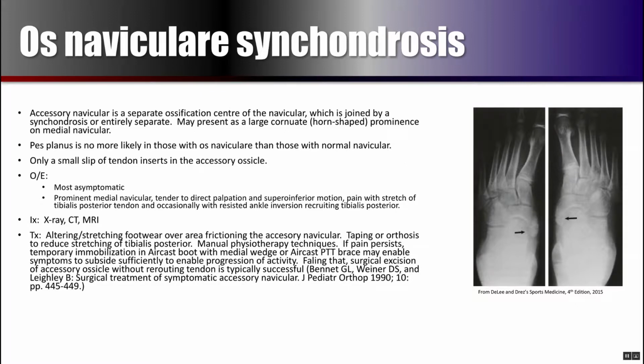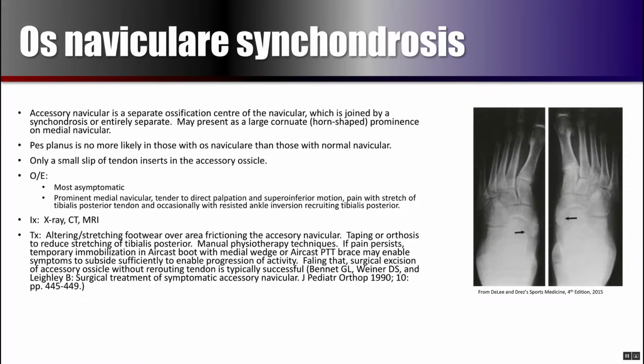Treatment is typically conservative, involving stretching the footwear to allow for space, minimizing friction from the medial accessory navicular prominence, taping or orthosis to reduce the stretching of the tibialis posterior tendon, and manual physiotherapy techniques.